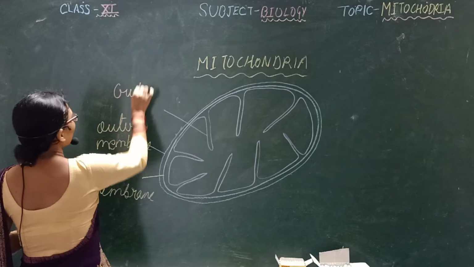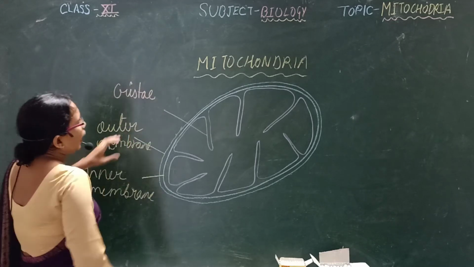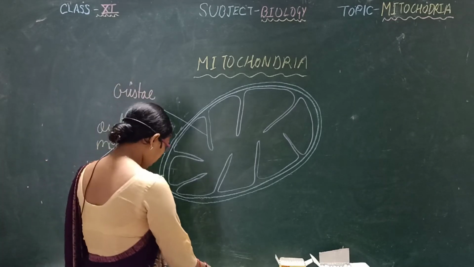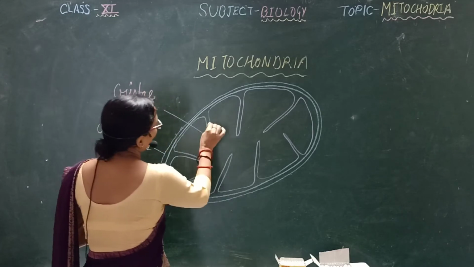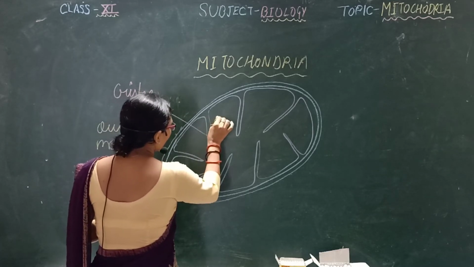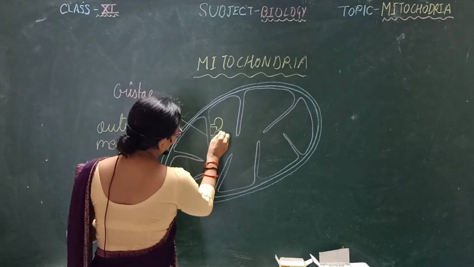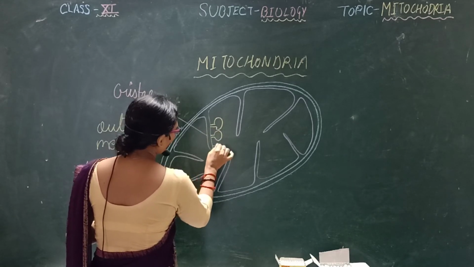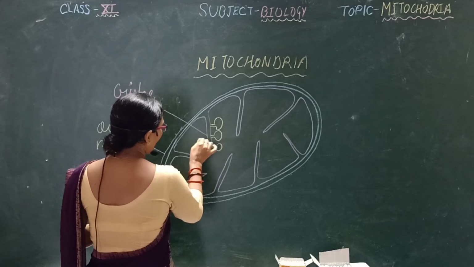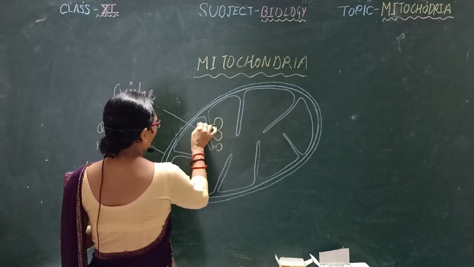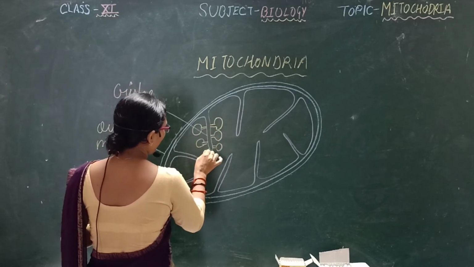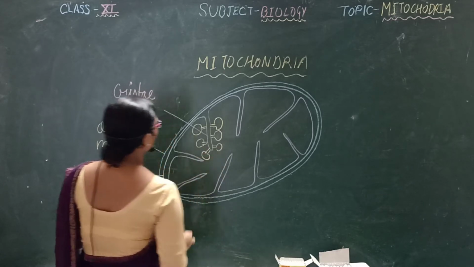That is the cristae. On the surface of the cristae, tennis racket-like, ball-like structures are present, which are known as the oxysome or F1 particle.